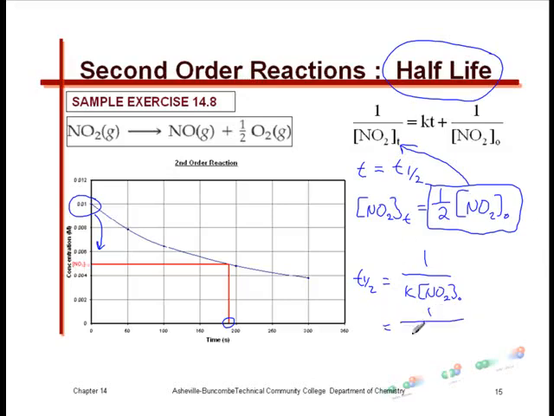We know the value for the rate constant, 543 inverse molar, inverse second, and then the initial concentration. Well, it's just given from the raw data.